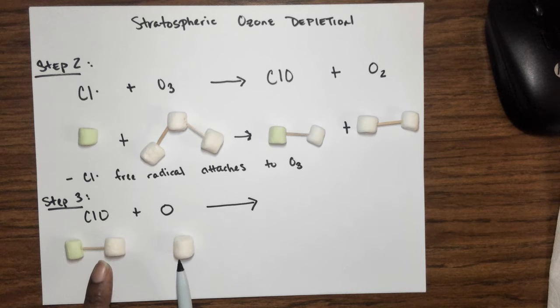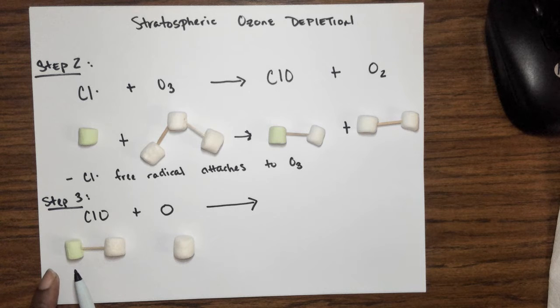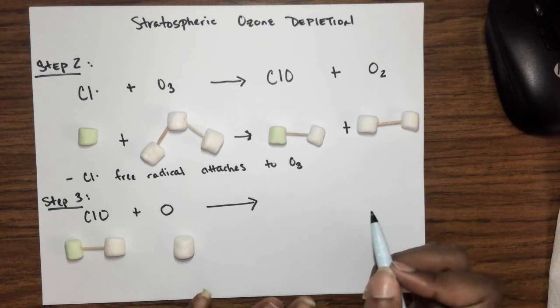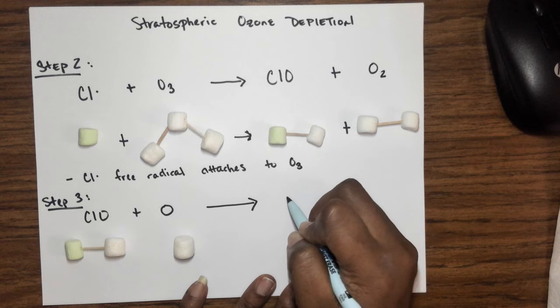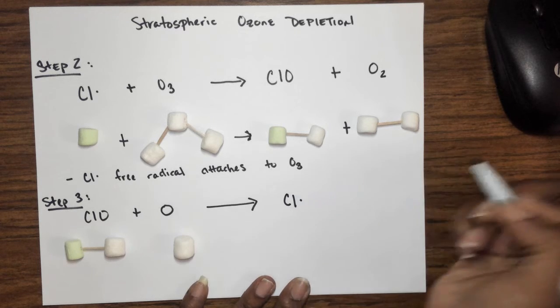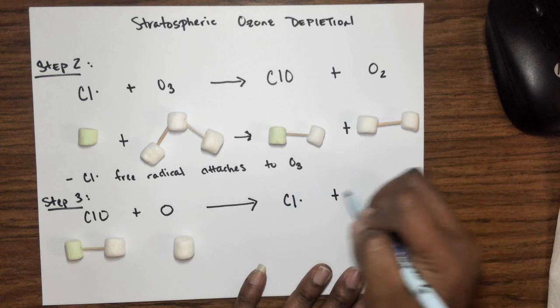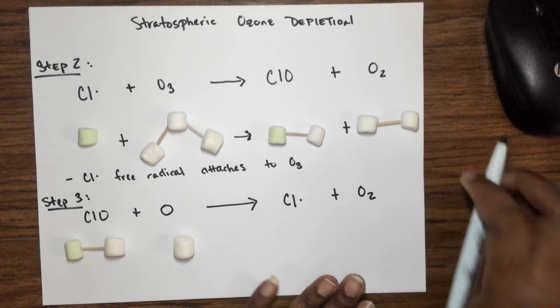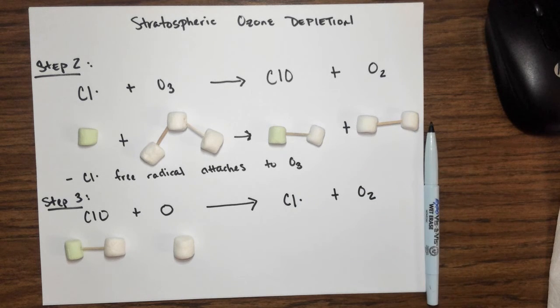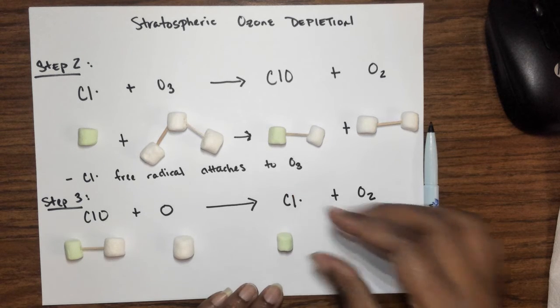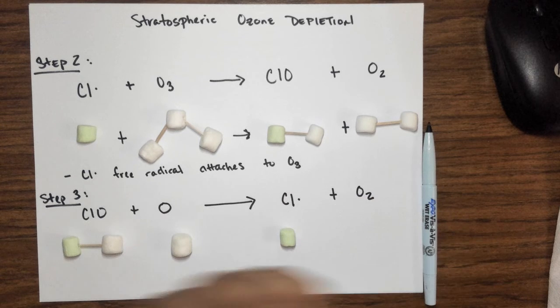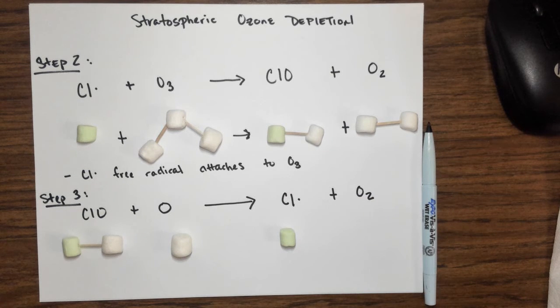And so when I combine these 2 oxygens, I'll just have Cl by itself, right? Okay, so let me do that. So I get Cl by itself plus O2. All right, so let me make an O2. So here's Cl by itself, right? And then let me go ahead and make an O2.